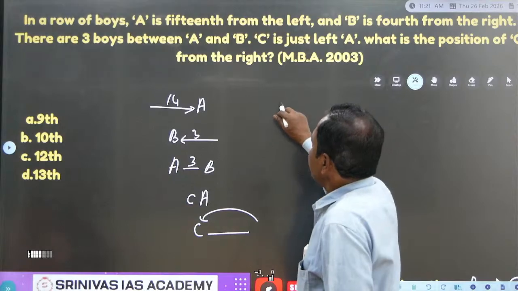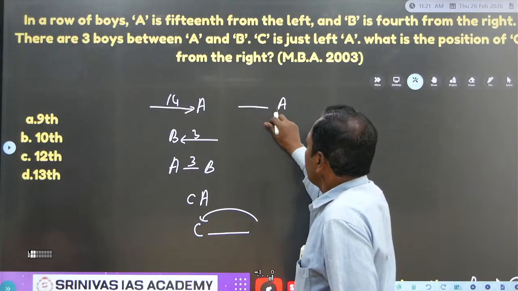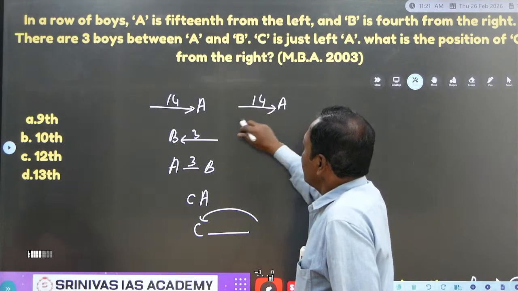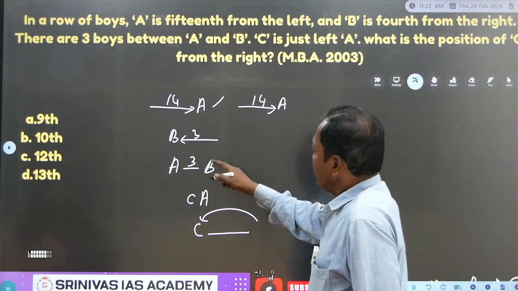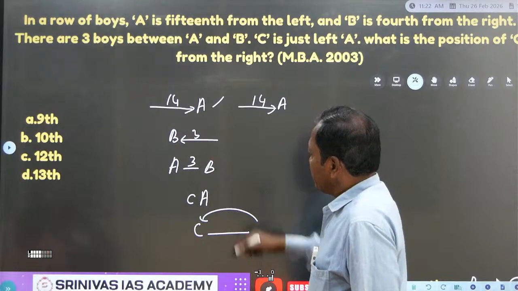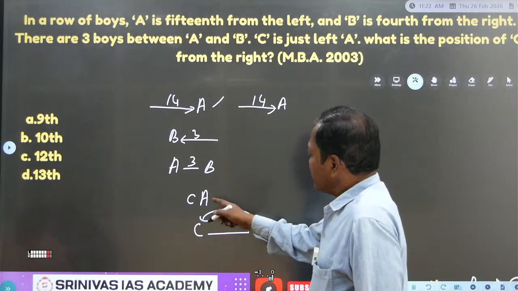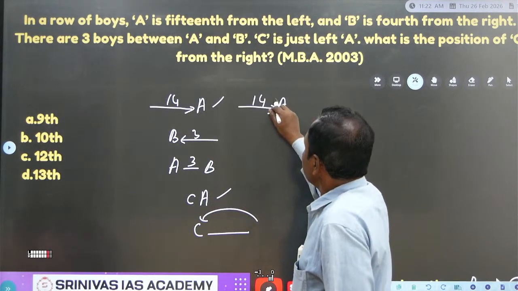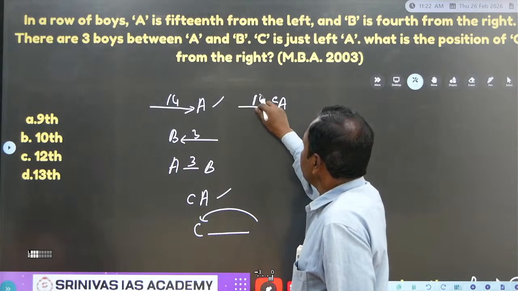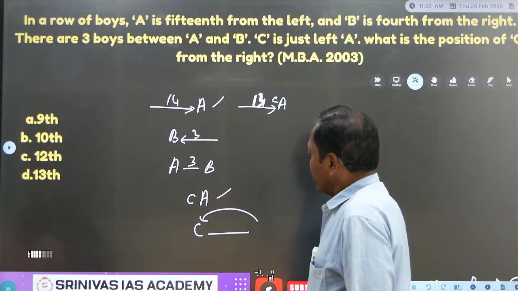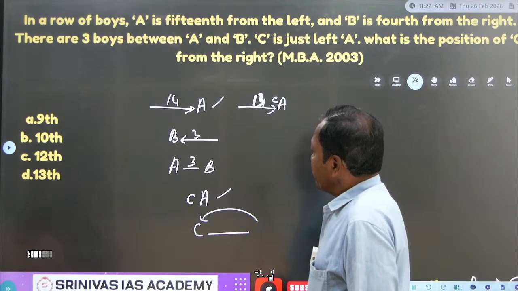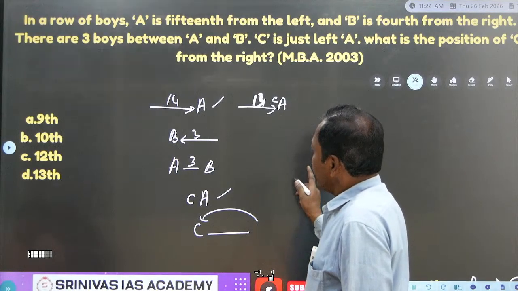Now let us see. A is 14. C is just left of A, so C becomes 13. Between A and B there are 3 people, and to the right of B is 3.